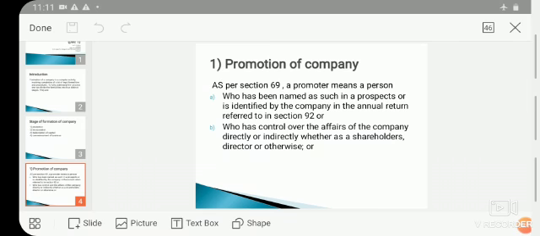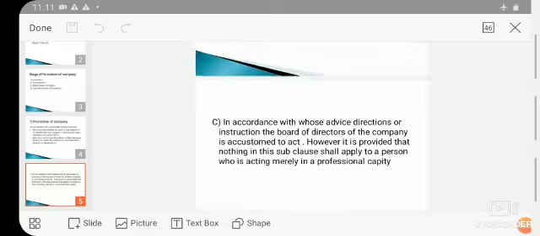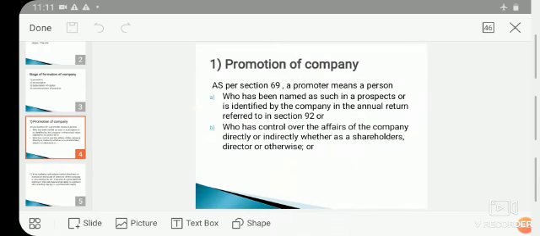However, as per section 69 of the Companies Act, a promoter means a person who has been named as such in a prospectus or is identified by the company in the annual return referred to in section 92.